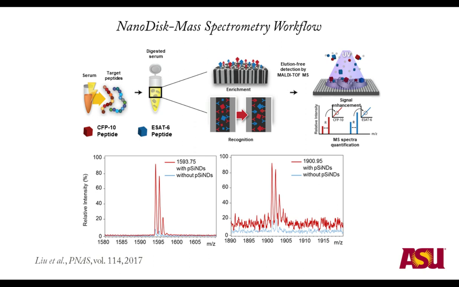In this step, the nanopore applies the first function, which is enrichment. Next, without elution, we directly spot the NanoDisk conjugated with our target peptide on the MALDI target. Then once the laser in the MALDI is shooting on those nanoparticles, the nanopore performs the second function, which is called energy transfer.